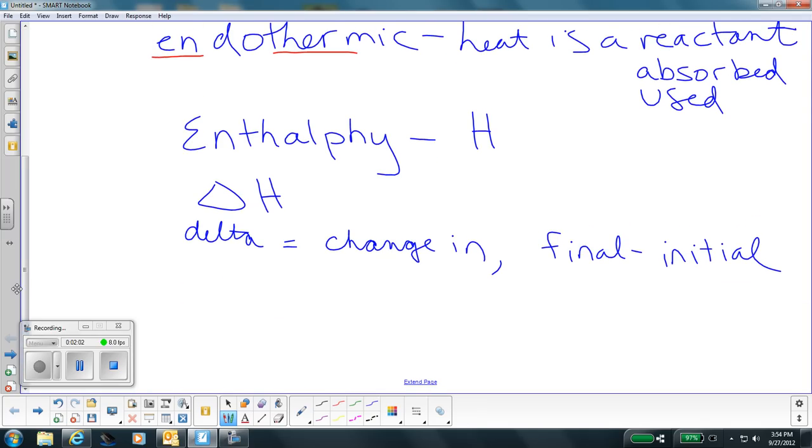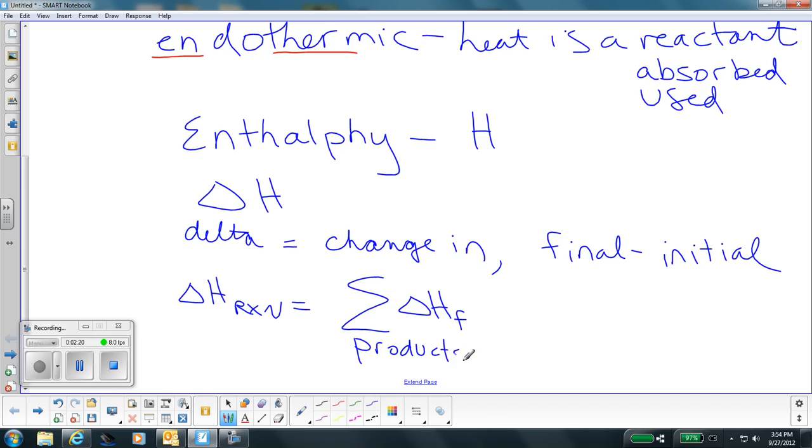So when we're talking about a reaction, we would say that the heat of a reaction is the sum of the heats. Now, it's the heats of formation. The final conditions in a reaction would be the products, and the initial conditions in a reaction, what would the initial conditions be? What do you think?